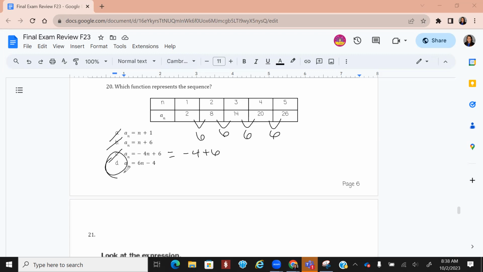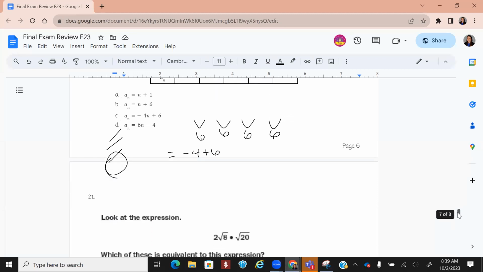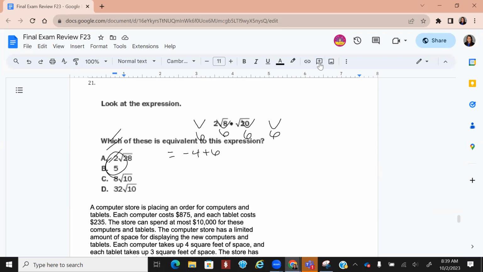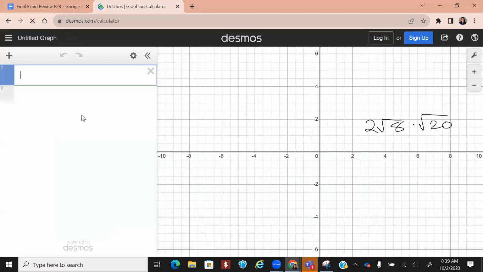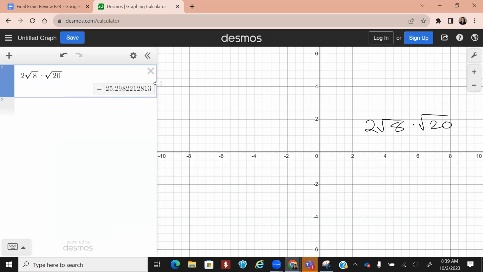So what we did was we just plugged in and checked it. This one, I think I'll mess up the most. Watch what happens. I'm going to show you a shortcut, and you don't even have to know any math for this. If I take 2 square root of 8, and I multiply it times 2 square root of 20, if I go into Desmos and type this in, look at what the decimal is.